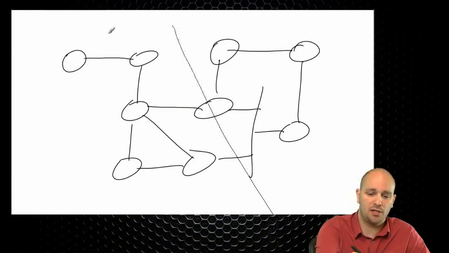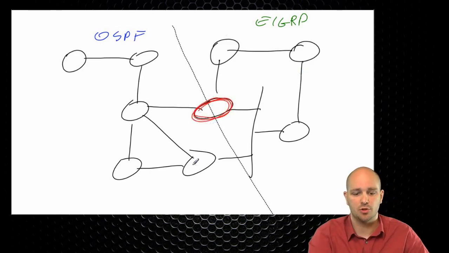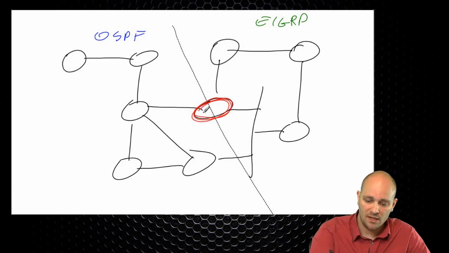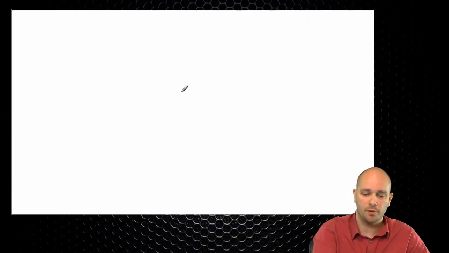And that this part here was running OSPF, and that this part of the network was running EIGRP. And that this router here was the router that was tasked with redistribution. Now, this network diagram, as it is, can actually be simplified. And let's say that this router here is, let's say, R1. This network diagram, for the redistribution purpose, can be shown as this.